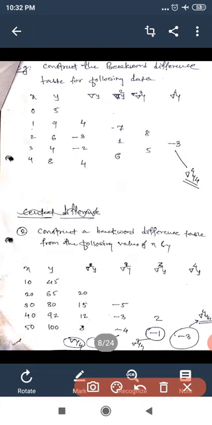I repeat again, this value is called del of y4. This value is del square of y4. This value is del cube of y4 and this value is del to 4 of y4.